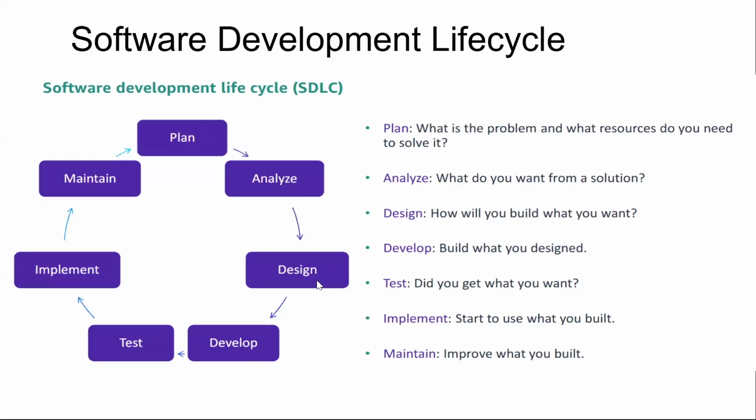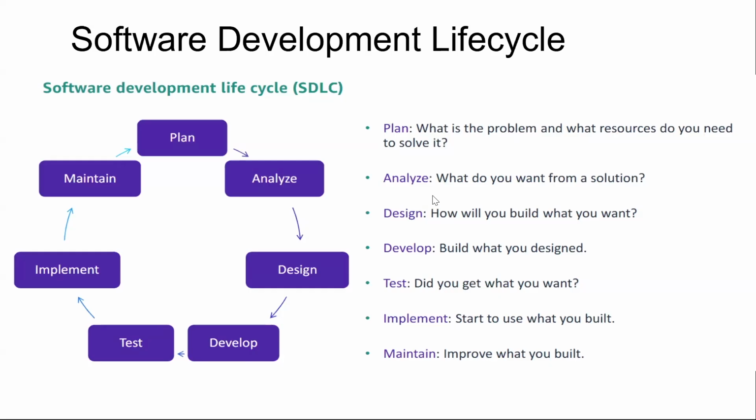Then you're developing that code. If it is working properly, then you're testing it to check whether you're getting the proper result. Then you're implementing, and if you want to build on it, you're maintaining it. So you can see here, this is my software development life cycle.